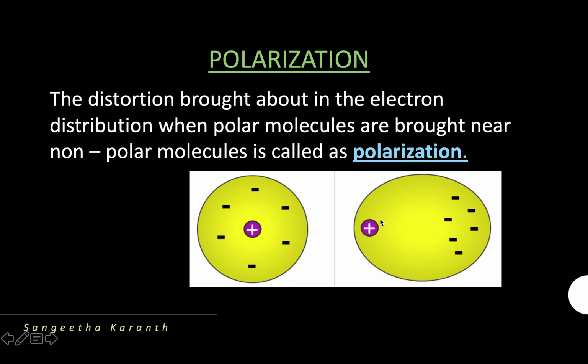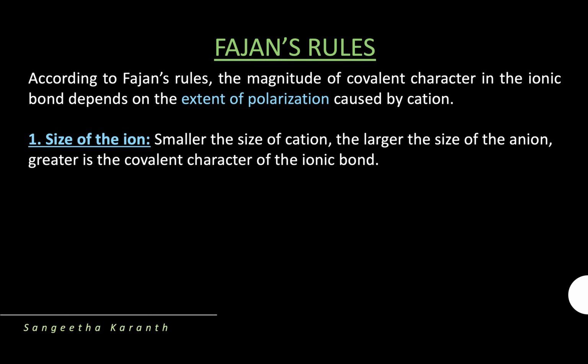Here there is a complete distribution of charge on the ends. You can see the positive charge is completely towards this side, and the negative charge is on the other side. This molecule is said to be polarized, that is, the positive and negative charge is completely separated from each other. This is called polarization.